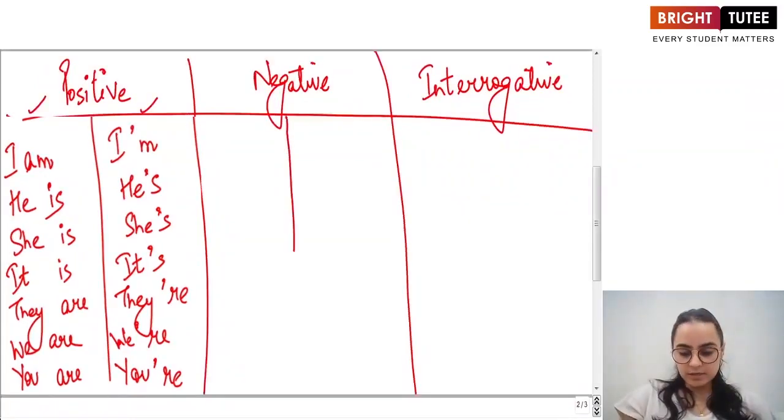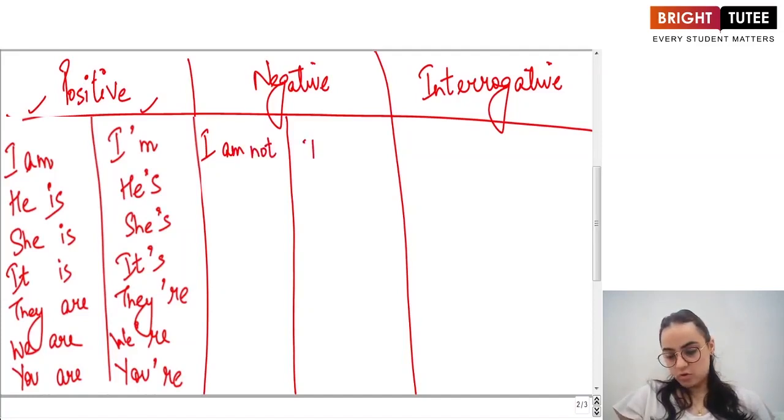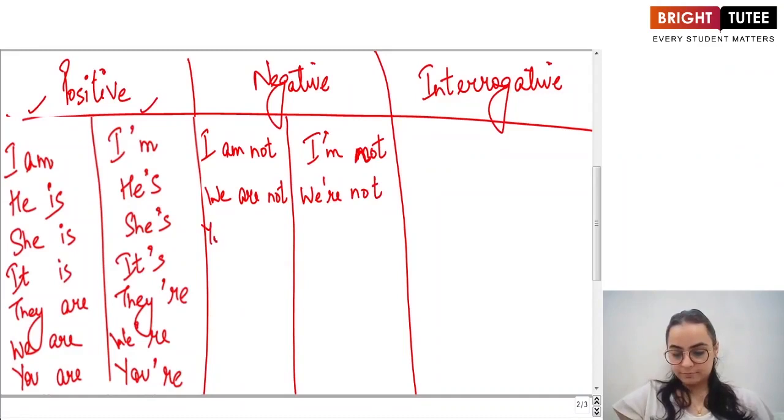Let us talk about the negative sentence now, the negative structure now. I am not changes to I'm not. We are not changes to we're not. You are not changes to you're not.